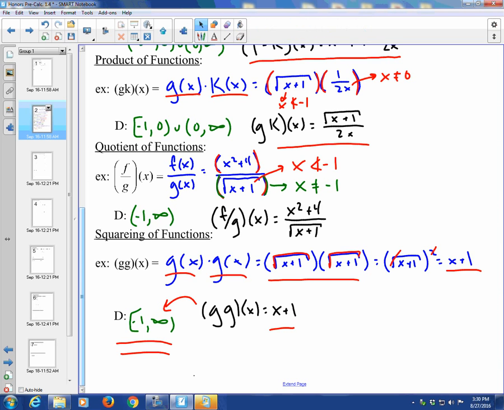Now, if you were to graph in your calculator the square root of x plus 1 times the square root of x plus 1, or even the square root of x plus 1 squared, what you would see is this linear function up into -1.